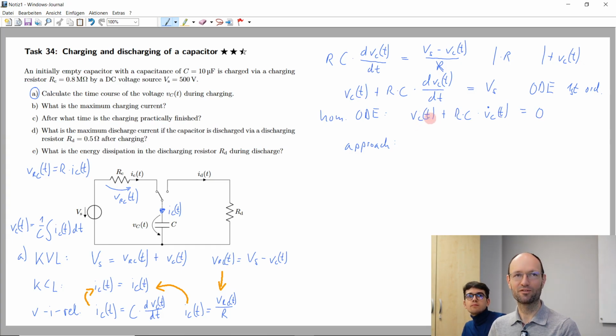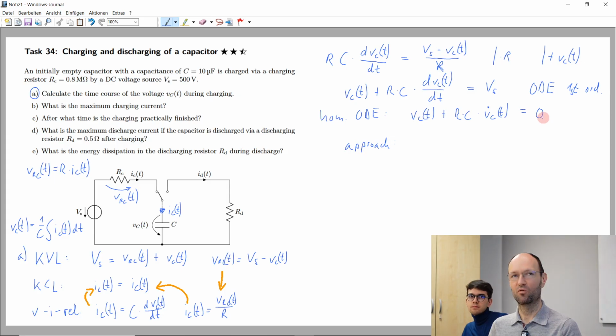So, of course, we still need to guess a solution. And so if we look at this, think about what this equation tells us. The equation tells us that the function itself plus the time derivative of the function multiplied with a certain factor should always be 0.